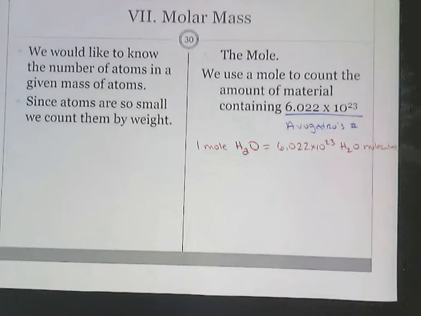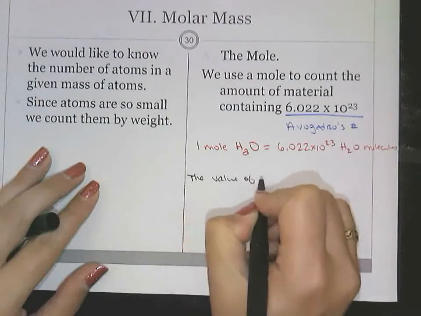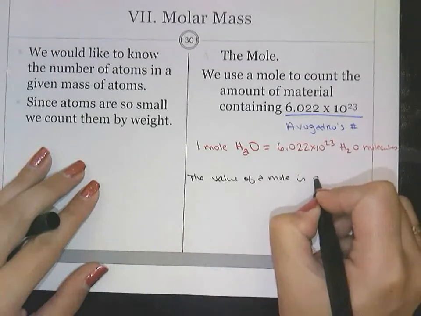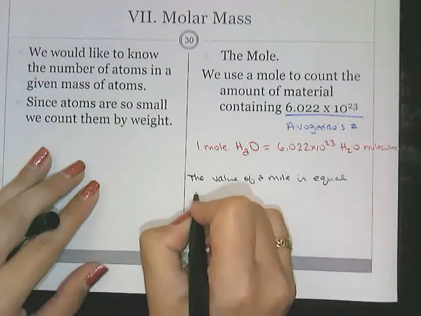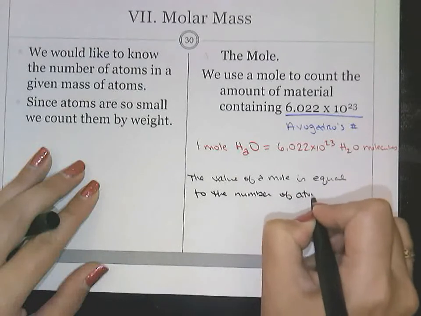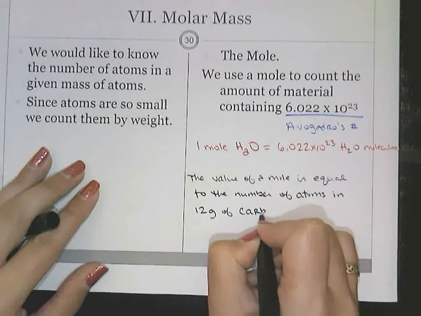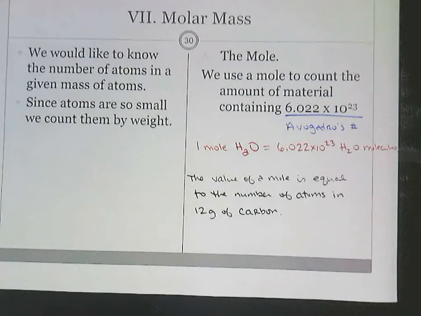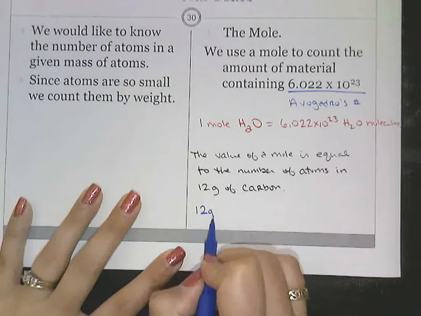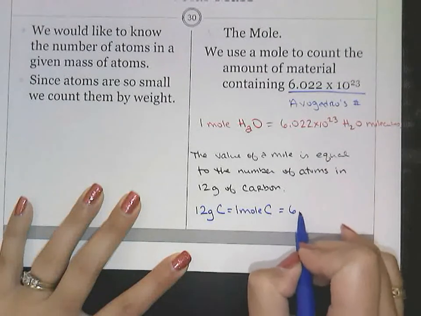So the value of a mole is equal to the number of atoms in 12 grams of carbon, which means that 12 grams of carbon is equal to 1 mole of carbon, which is equal to 6.022 times 10 to the 23rd carbon atoms.